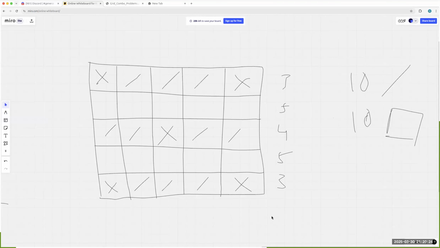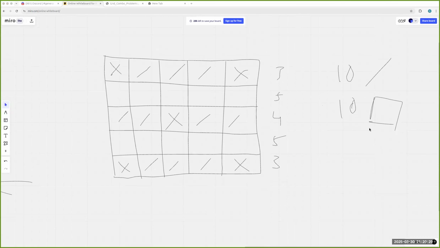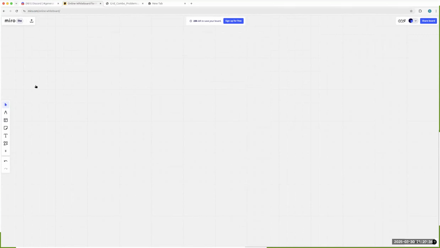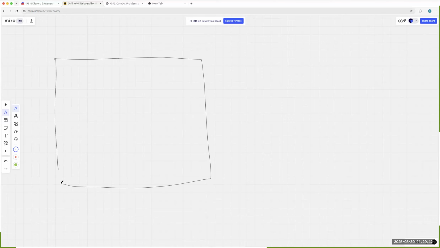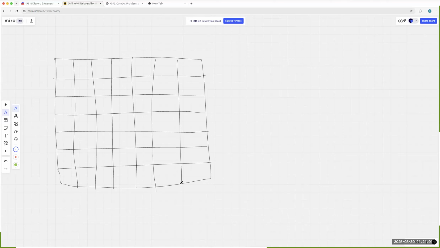But if you can imagine a bigger grid, maybe I should draw it out. So this is the bigger grid.